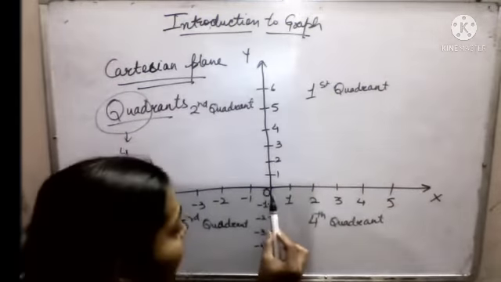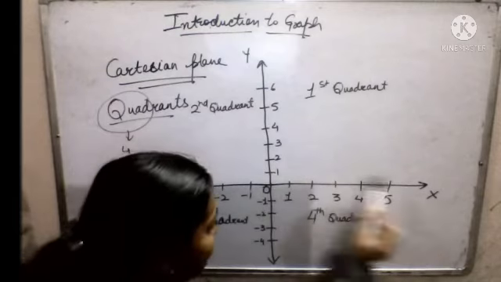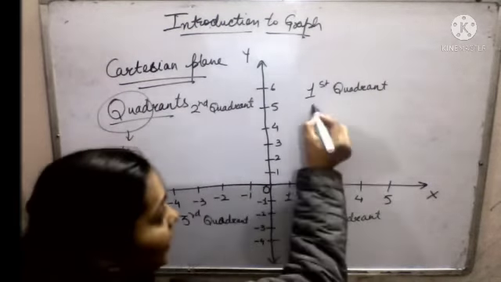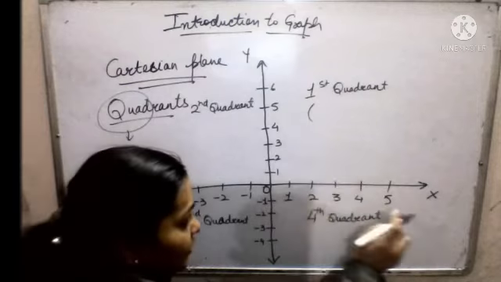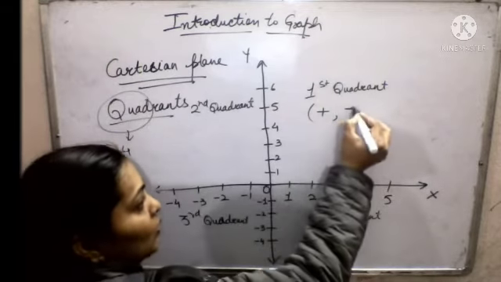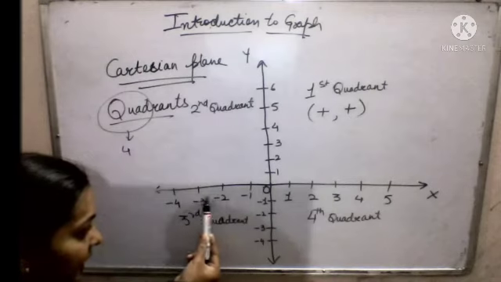Now, look at the axes carefully. In the first quadrant, both x and y coordinates are positive. X coordinates are positive, and y coordinates are also positive. Now let's move to the second quadrant. You can see here that x coordinates are negative.